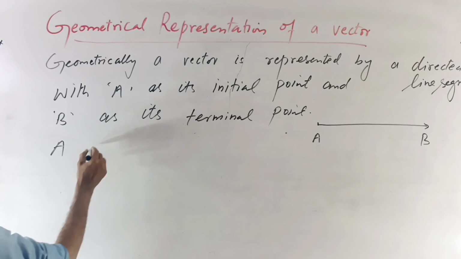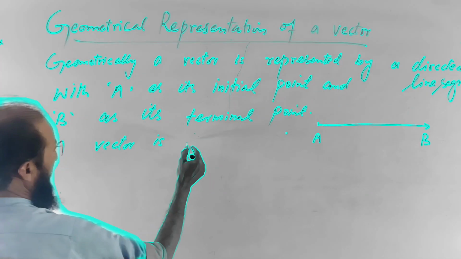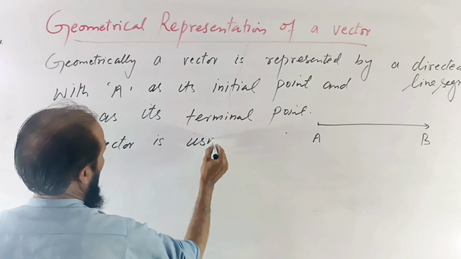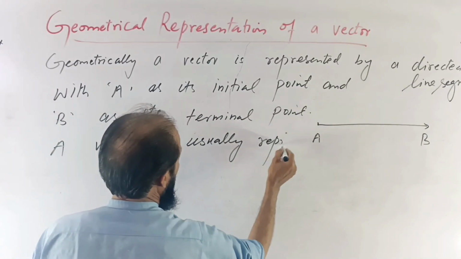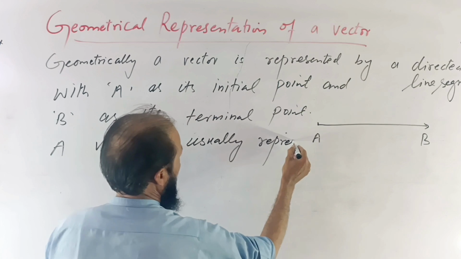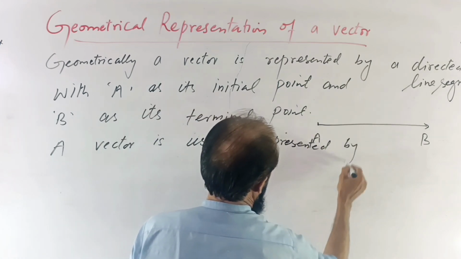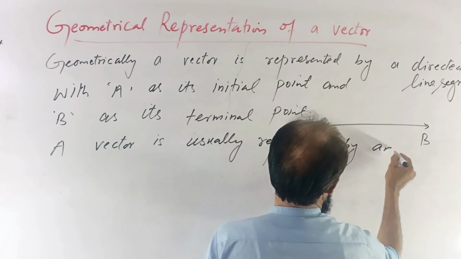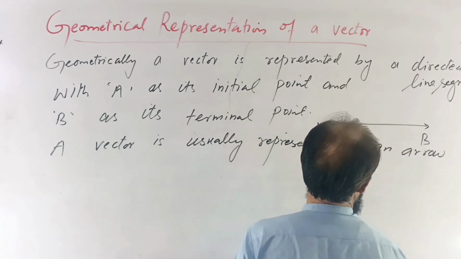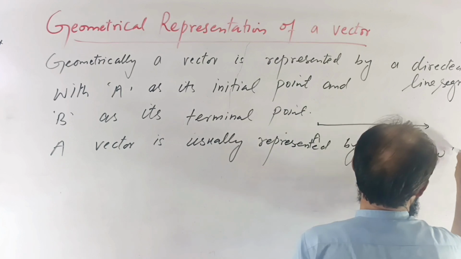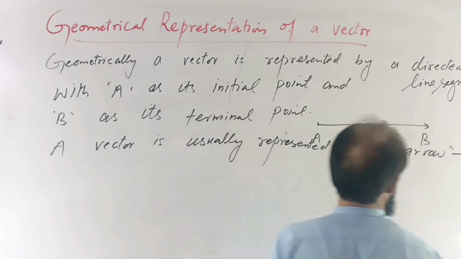A vector is usually represented by an arrow line. Arrow line means here we use an arrow line.